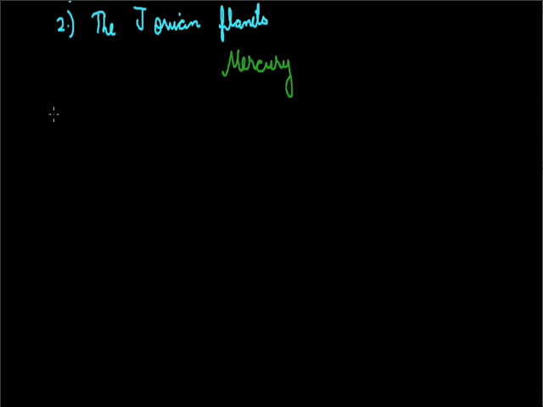Mercury is closest to the sun. Being closest to the sun, it is very hot, dry, and has airless atmosphere.